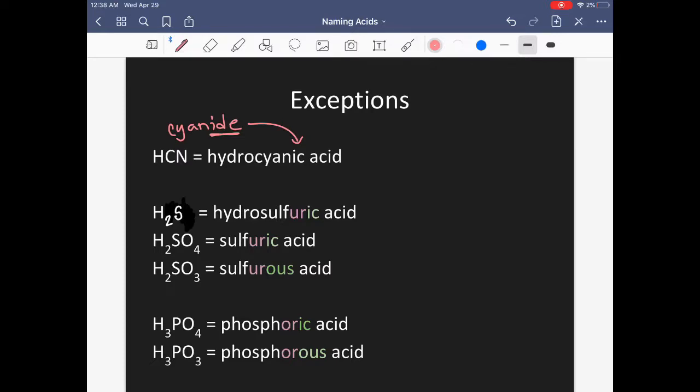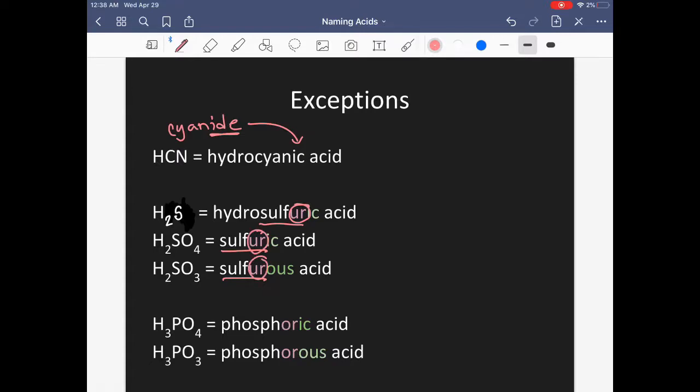Then when we look at sulfur and phosphorus, those two are going to act the same. Again, they are following the same rules. However, you're keeping a little bit more of that root word than you are on the rest of your elements. So if we look at H2S, hydrogen sulfide, and we're naming them in the acid form, you're going to actually keep the ur that's in the sulfur.